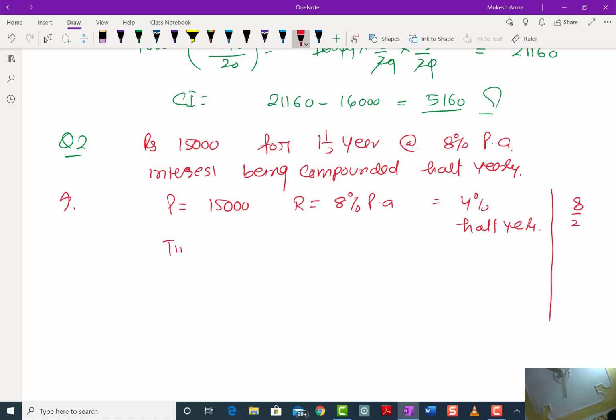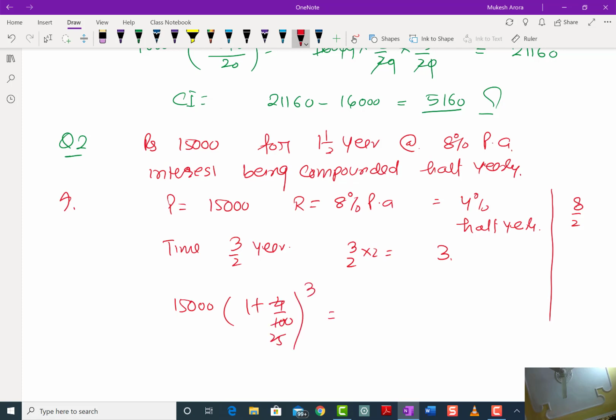Time is 1 and 3 by 2 years, so in half years it is 1.5 into 2, which is 3. So it will be 15,000 into (1 plus 4 by 100) raised to the power 3.